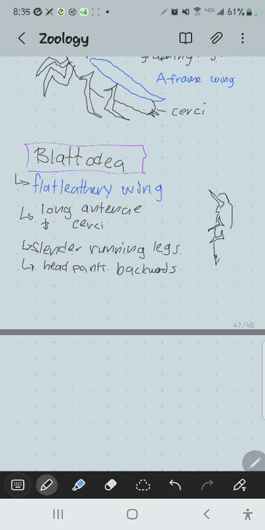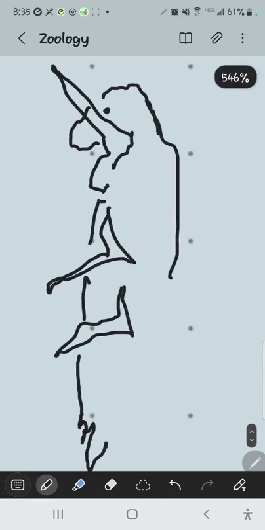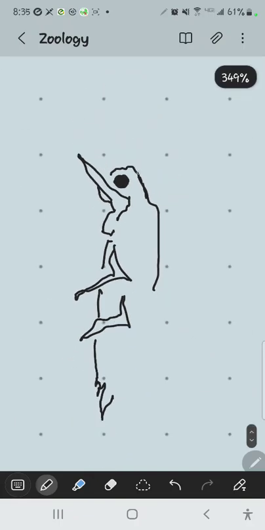So anyway, these features: flat leathery wing, long antennae with cerci, long slender running legs, and a head that usually points backwards, a key diagnostic feature for the cockroaches. That looks pretty good. Again, cockroaches probably evolved along with humans. We have cockroaches that live in our sphere.